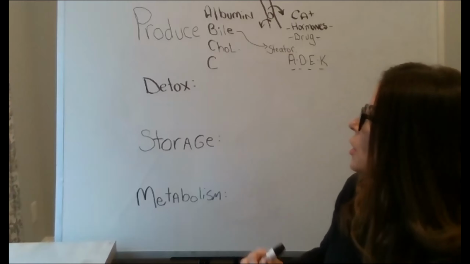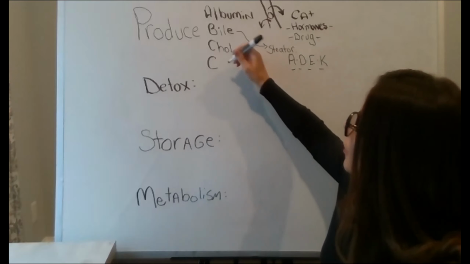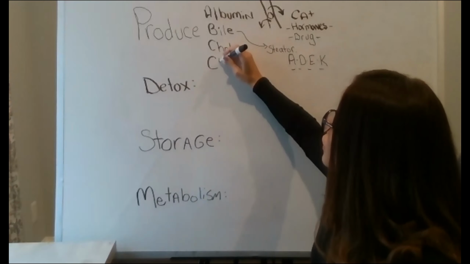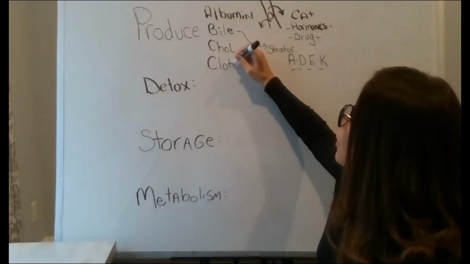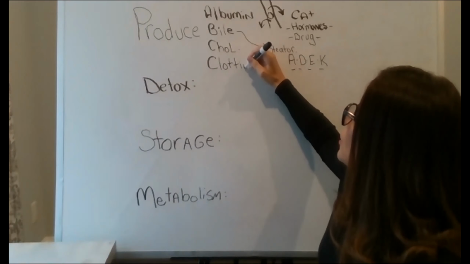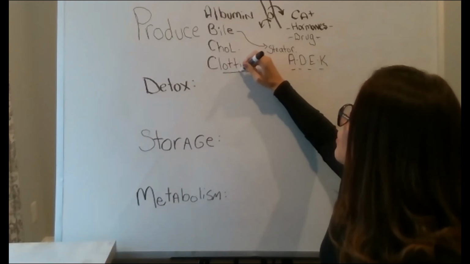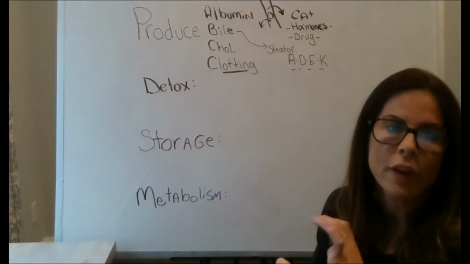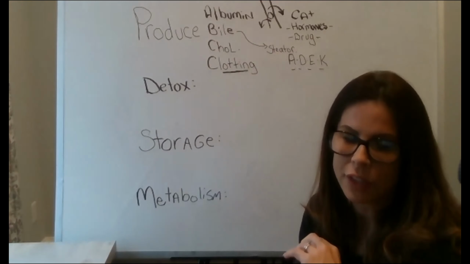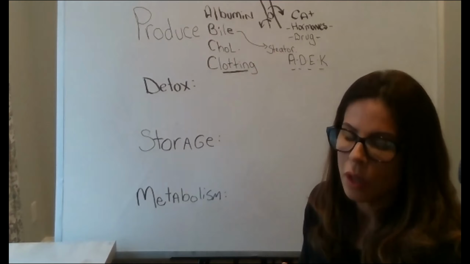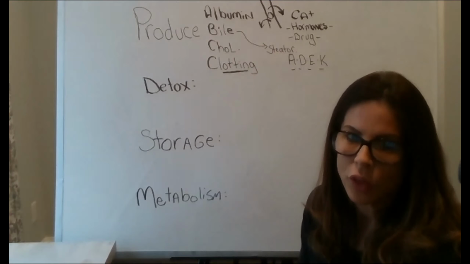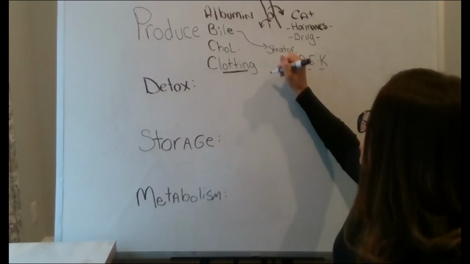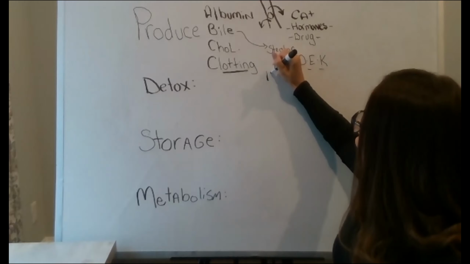Another real big function of production of our liver, it produces our clotting factors, or our coagulation proteins. Clotting factors, clotting proteins, very, very important. Most specifically, it produces our vitamin K dependent clotting factors. How we measure this in the blood for our patients with liver disease is we measure their INR.